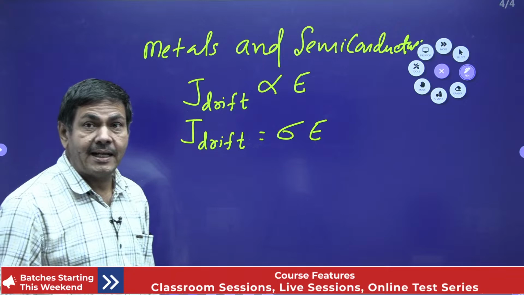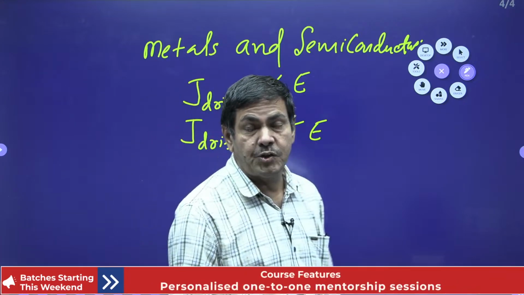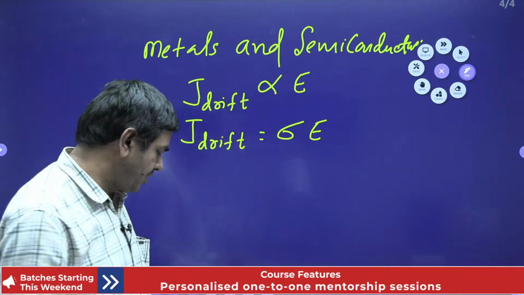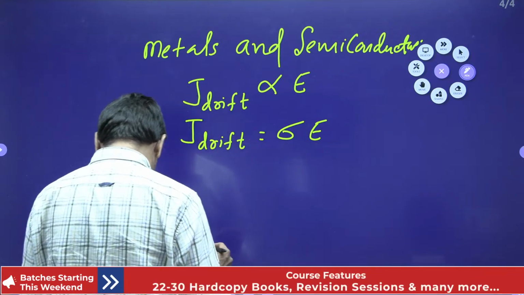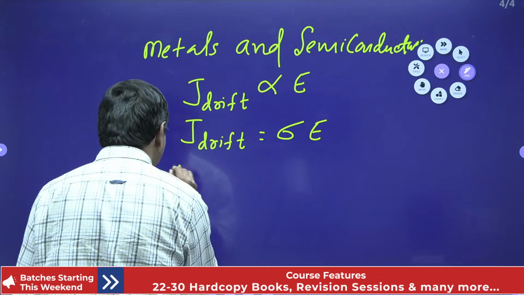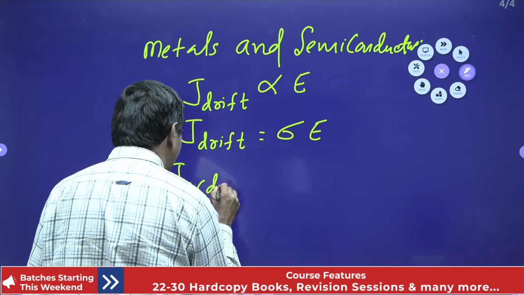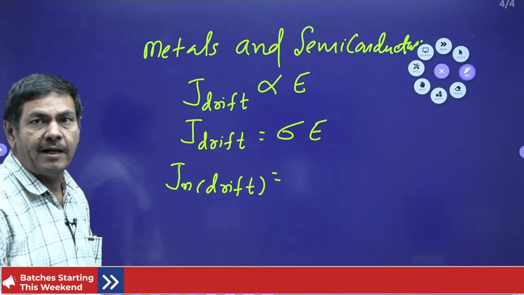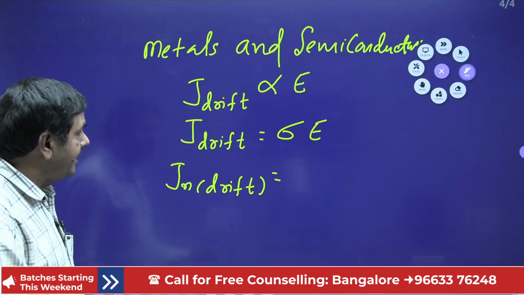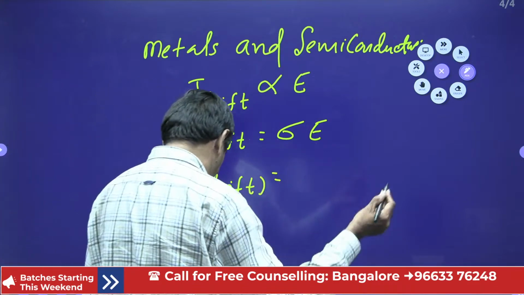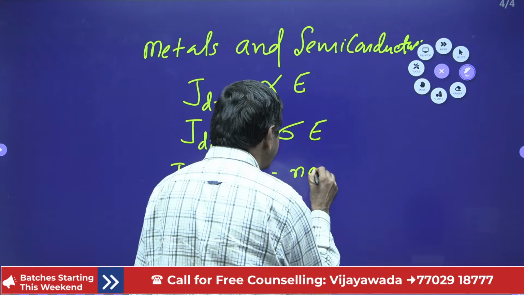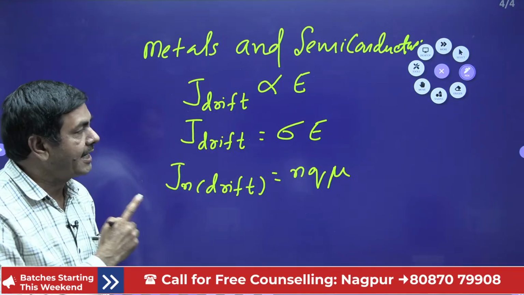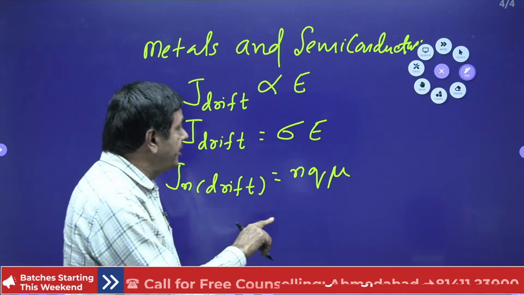The current density due to drift is possible by using electrons and also holes. If you are calculating the current density due to electrons in the drift mechanism, we know sigma equals charge density into mobility, and that into electric field intensity.